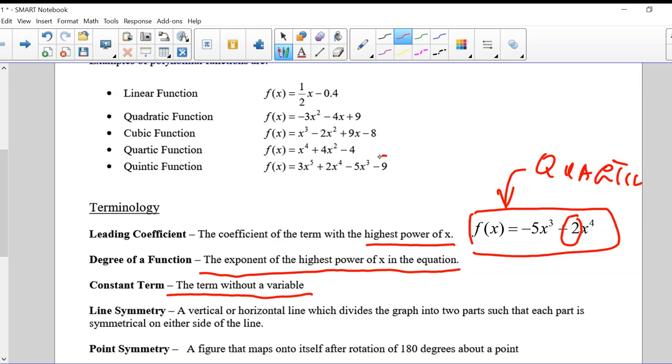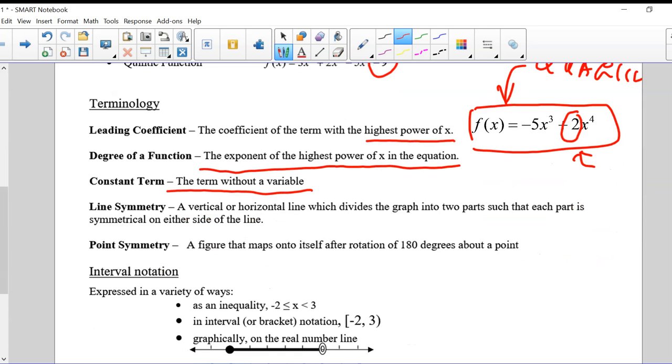So here are my constant terms. That's the -9, the -4, the -8, the 9, and the -0.4. Those are my constant terms. Guess what? This particular function here, the one that I was referring to before, does not have a constant term, right? So the constant term could be referred to as 0.